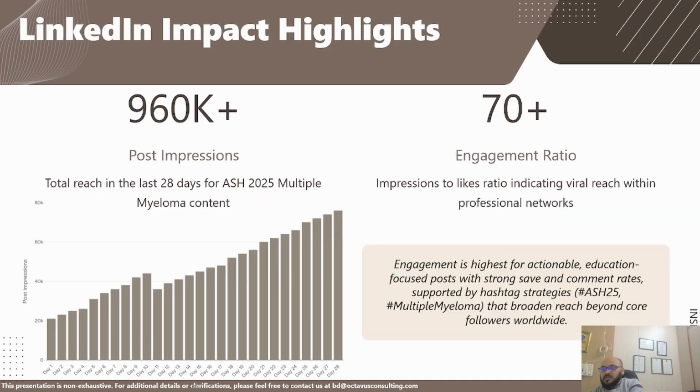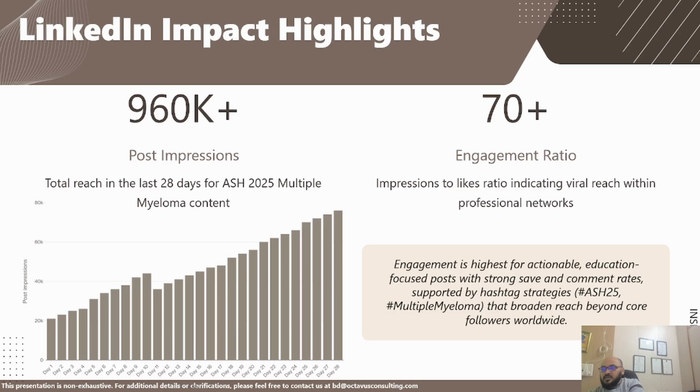So if we talk about the LinkedIn impact of ASH, we have tracked 28 days of December, because the last 3 days were very unimpactful. In those 28 days, we have seen a 1960K plus post impression. Every day the impression has increased.